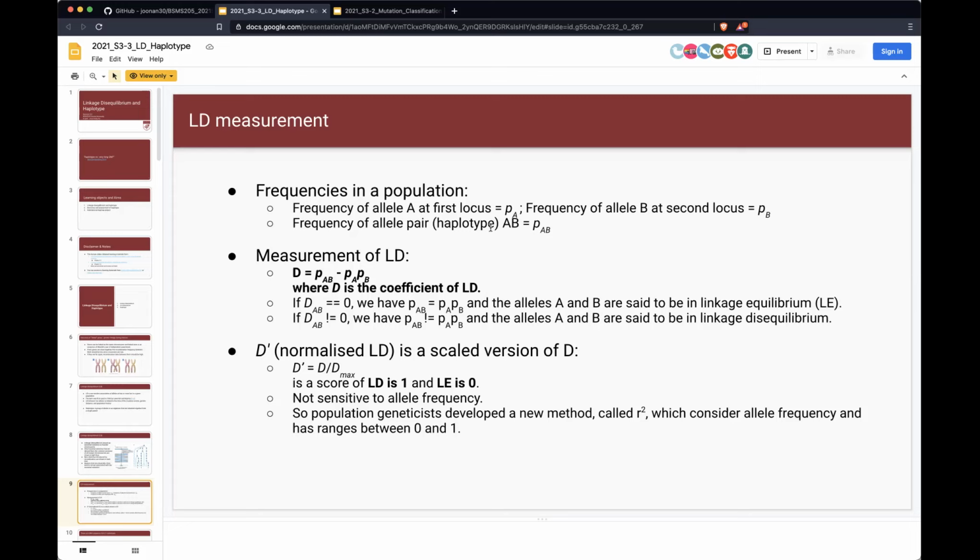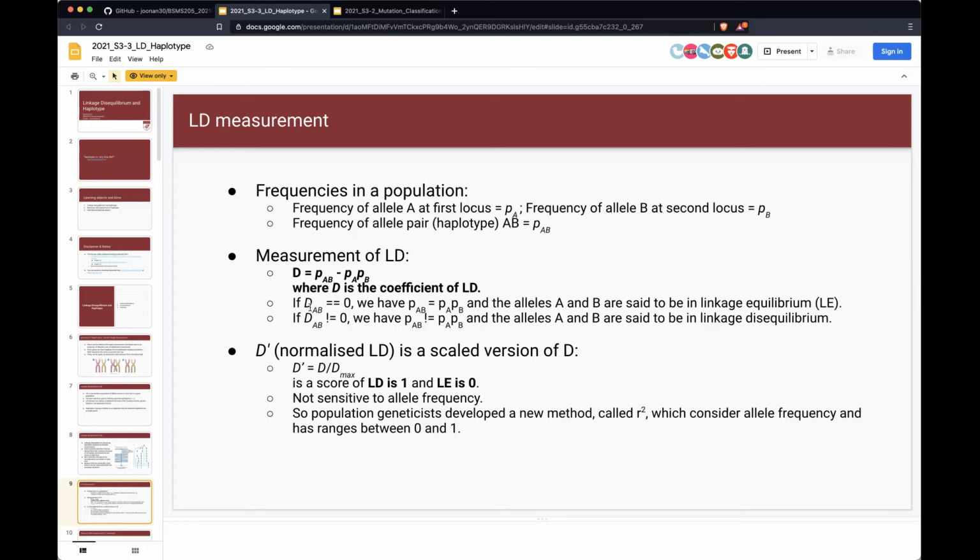So basically you can measure how often LD happens at the region, which is the probability of the allele pair frequency, PAB, minus the frequency of A and the frequency of B, so PA and PB, right? And this is D, the coefficient of LD.